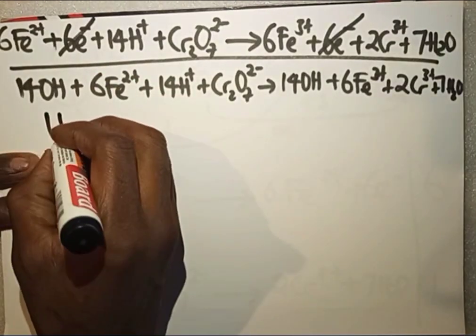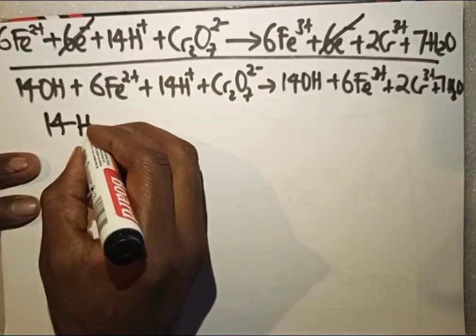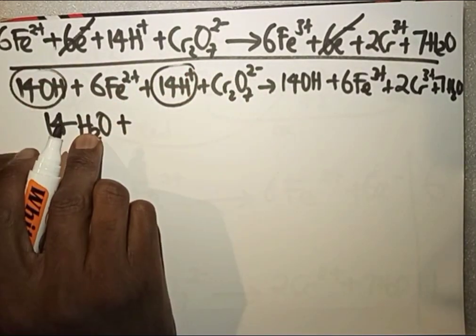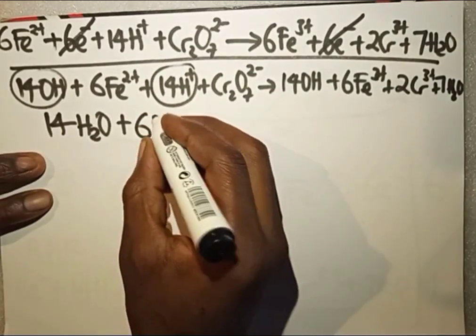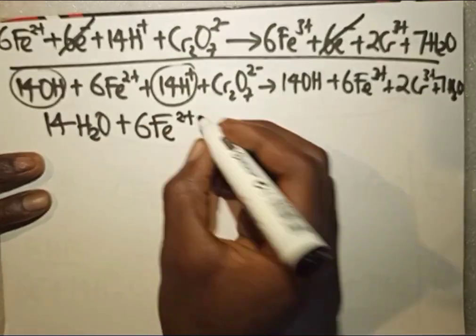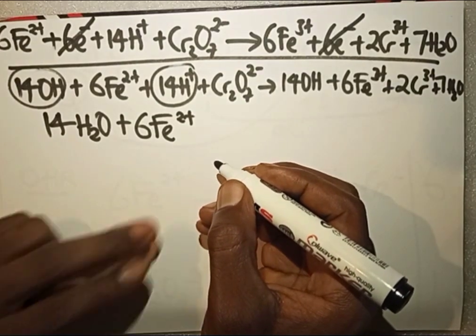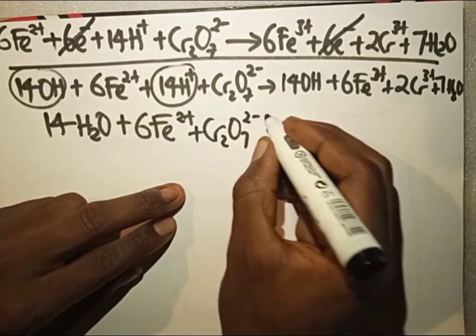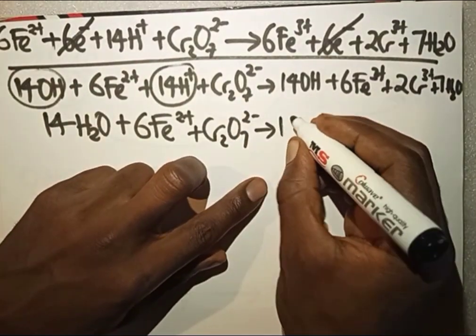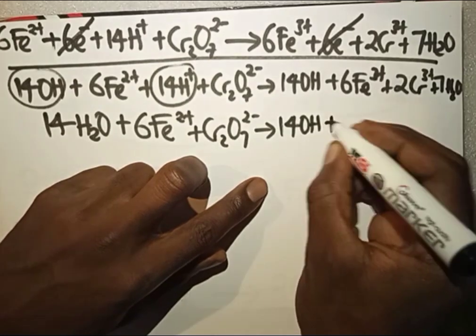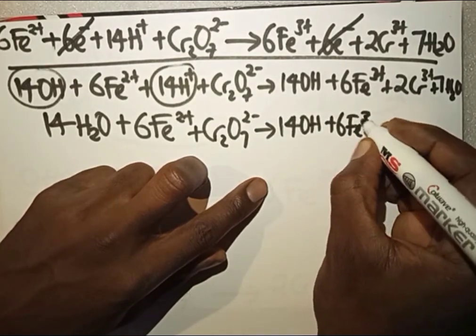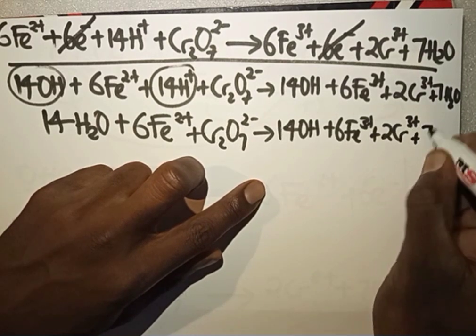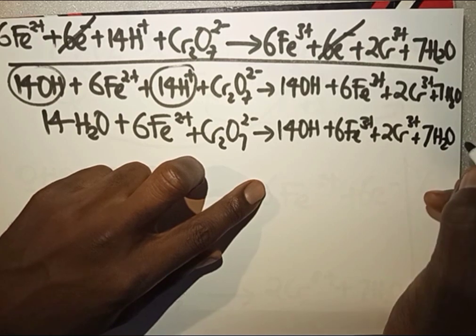So in this case, we'll have 14 water molecules plus these two add up to make this one, because that is the goal for us to add hydroxide, to come up with water molecules, plus this, which will give us 14 hydroxide plus 6 iron 3 plus 2 chromium 3 plus 7 molecules of water.